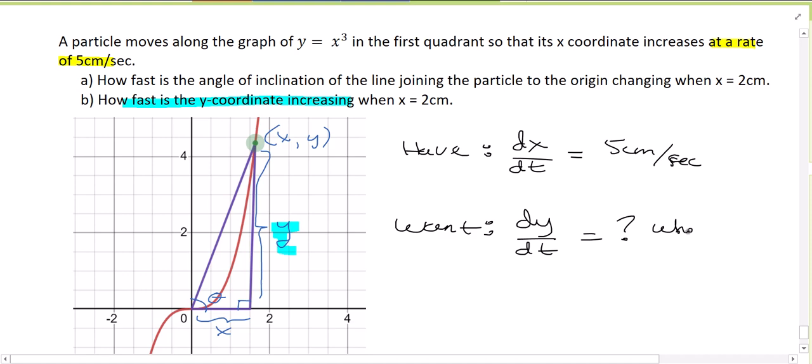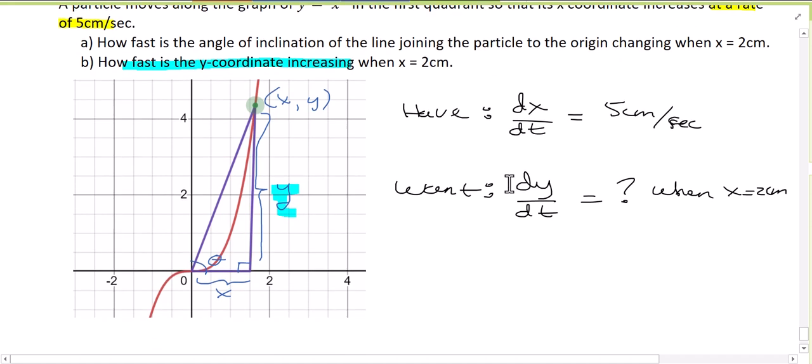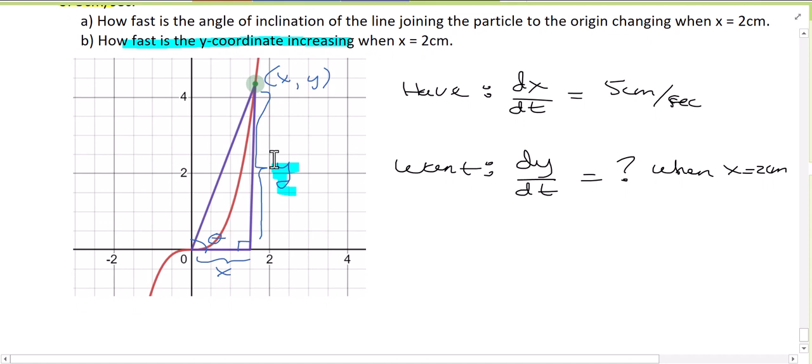When, at the same spot, when x is 2 centimeters, which probably makes me think that we're going to need part A in this. So let's see, we have our picture with variables. We've identified our dwats. So that's step 2. Step 3 is come up with a formula or equation that relates the variables in the numerators of your dwats.